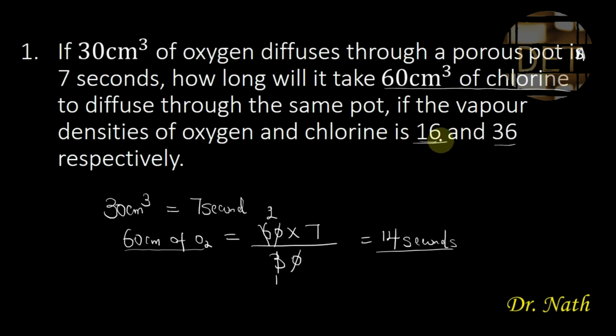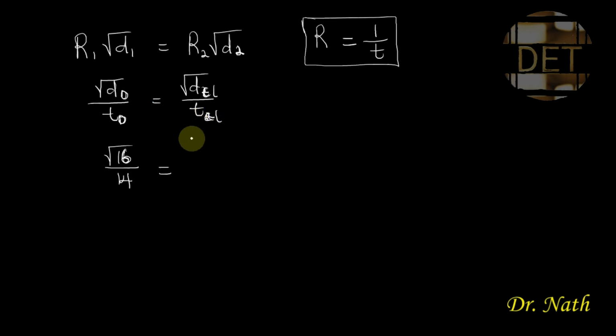The density for chlorine is 36. So here I have my D2 to be 36 over T, which is the time it will take 60 centimeter cube of chlorine to diffuse through the pot.